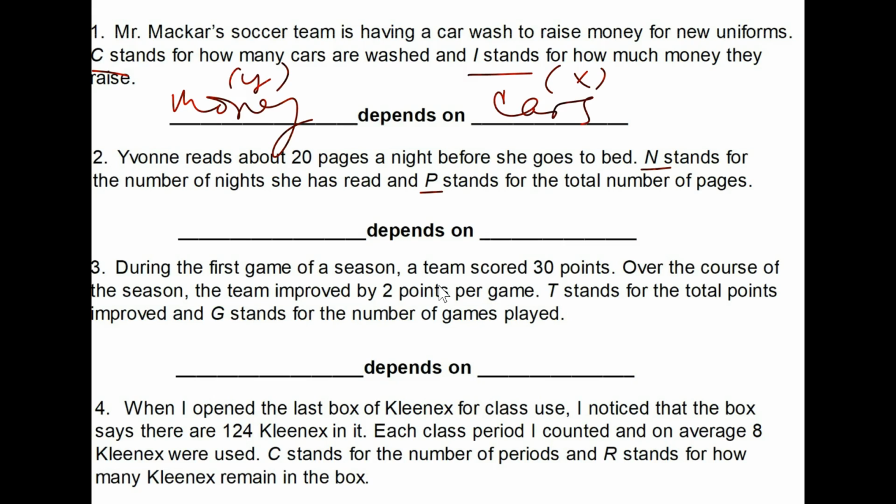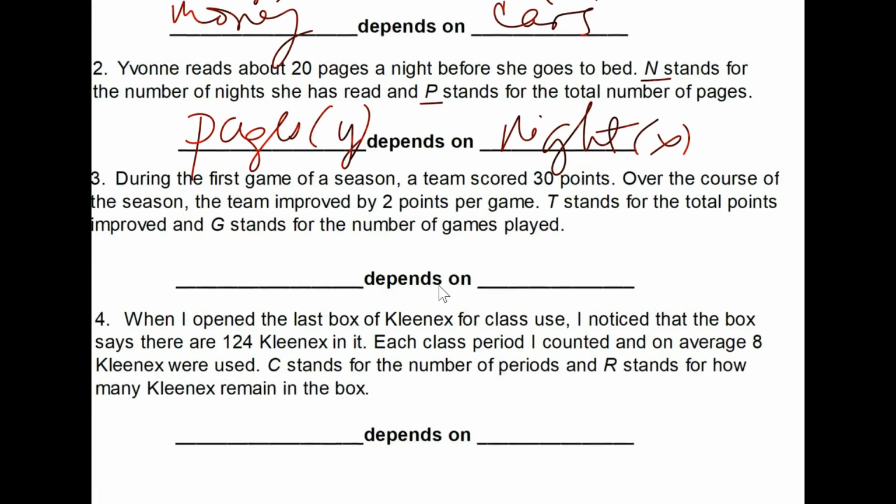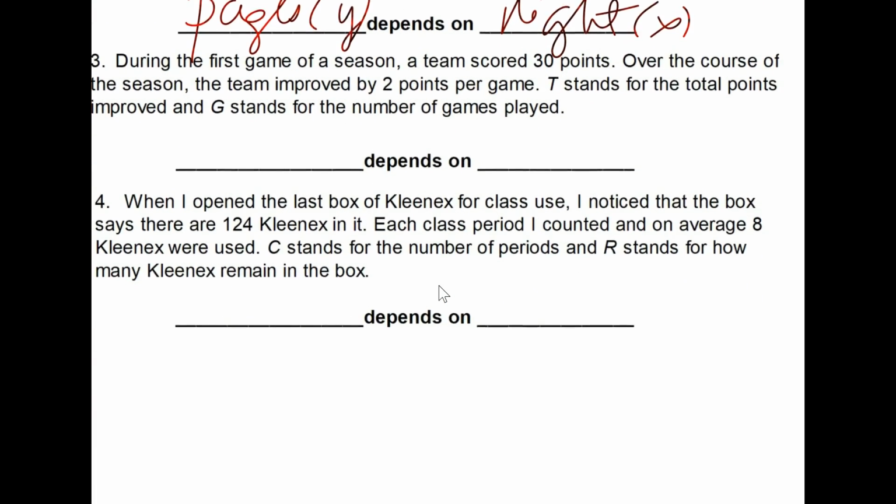So nights will keep going on whether I read or not. So the number of pages I read depends on the number of nights I'm reading. Time is always independent. It's going to move on whether you're ready or not.